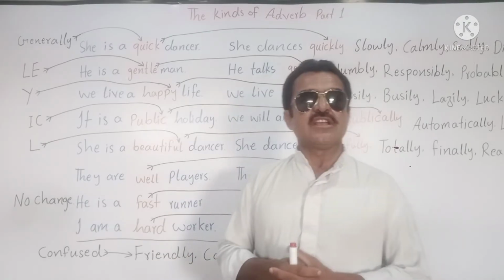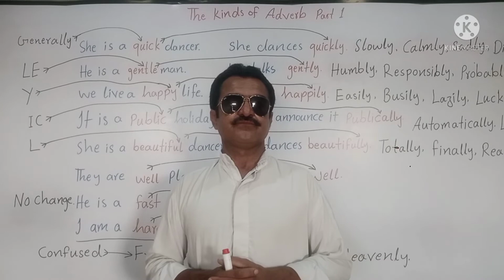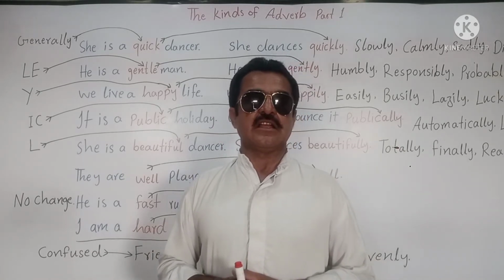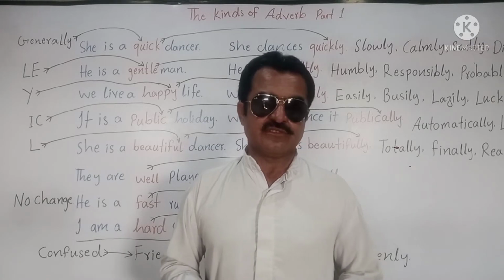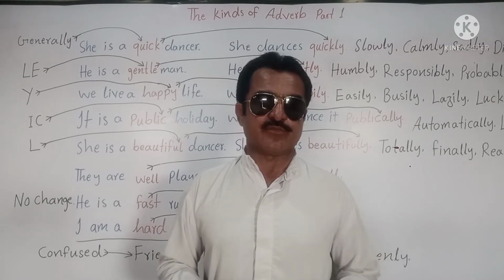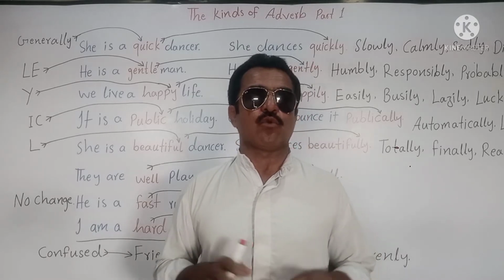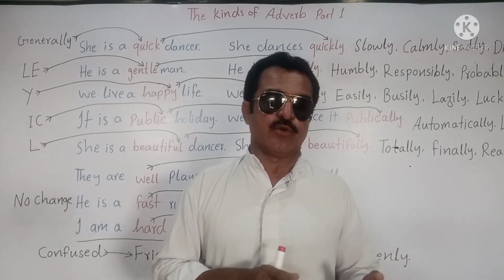The sixth rule is this, that there are a few words called irregular adverbs. Why? Because they don't need any l or y for being an adverb.